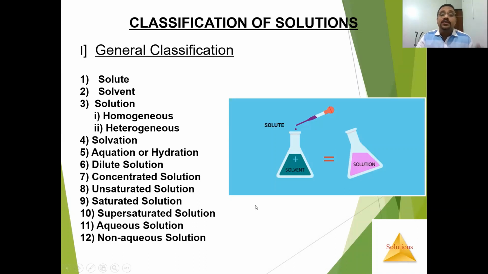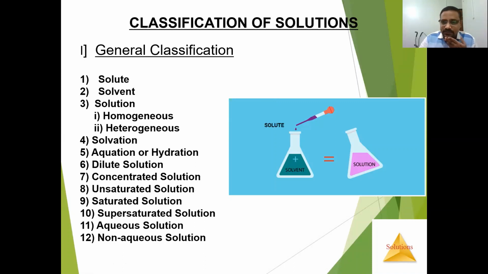Then suppose I want to add to the same 100 gram of water 37.5 grams of the salt, and that will make the saturated solution. Again, here I want to add more salt to the same water at the same temperature.